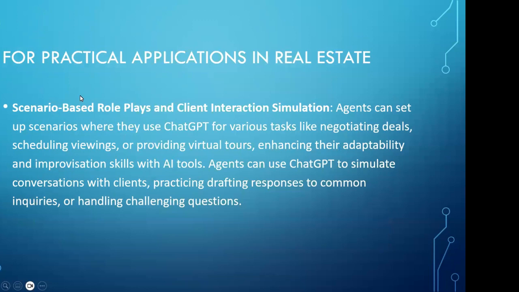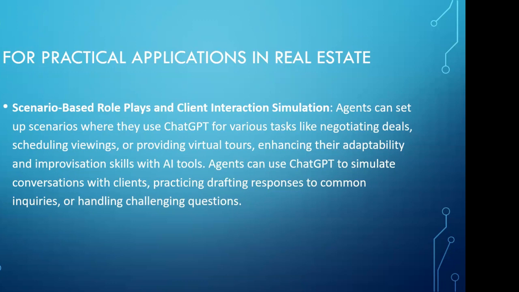All right. So practical applications in real estate. One of the really fun things that you can do is scenario-based role plays and client interaction simulations. You can prompt ChatGPT to act as another person in a conversation.